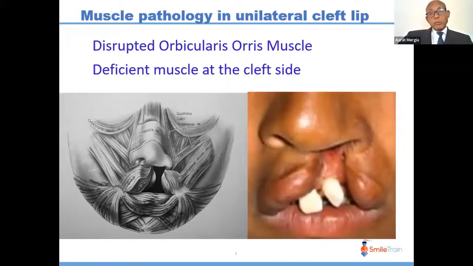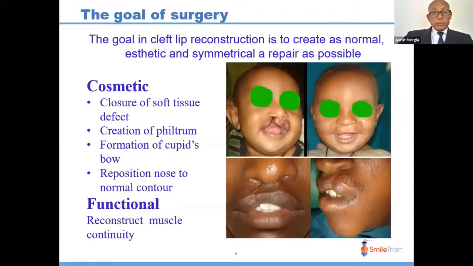The goal of surgery, as we all know, is to create as normal an aesthetic and functional repair as possible. An ideal result will be gained only if we address very important basic information.